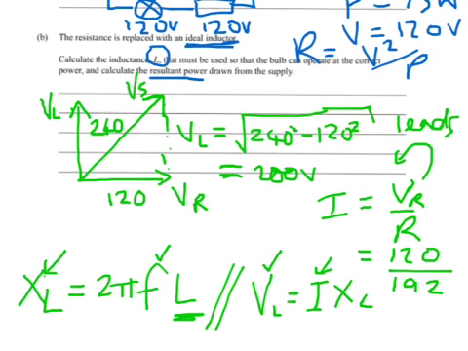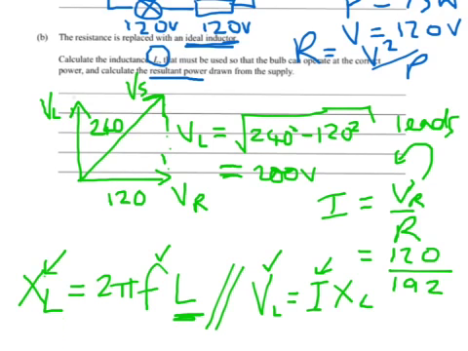Now it's really important to note that these are not going to be the same. The current will be the same for the inductor because it's passing through both the resistor and the inductor, but the voltage will be different, as we can see from our phasor diagram over here.